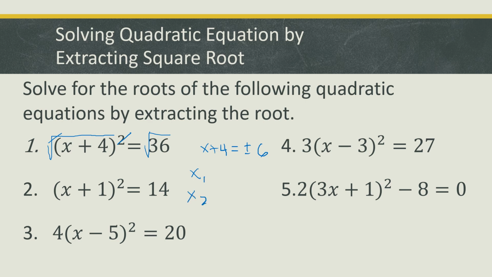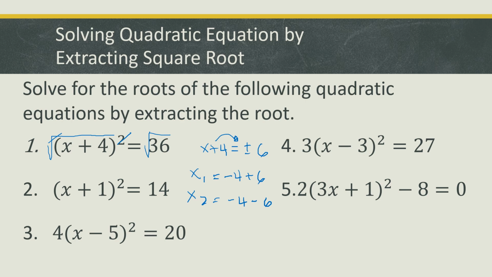So let us show the two solutions. Transposing positive 4, that will become negative 4 plus 6 for the first solution, and negative 4 minus 6 for the second solution.